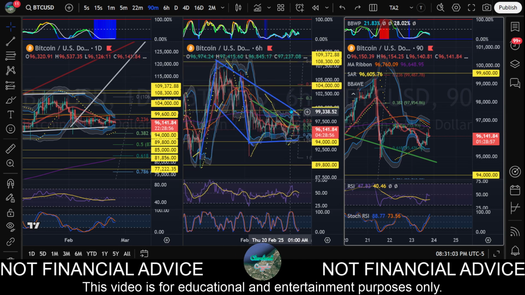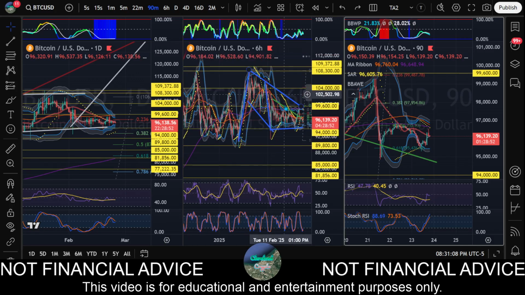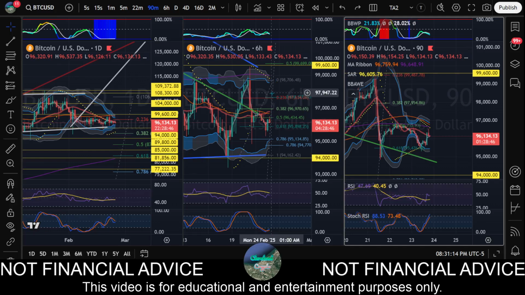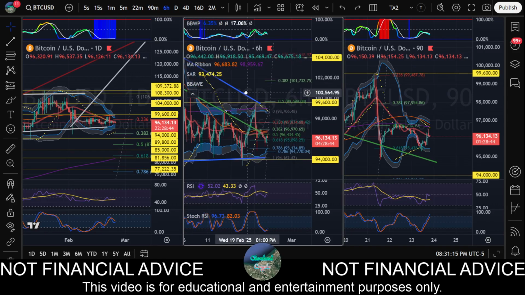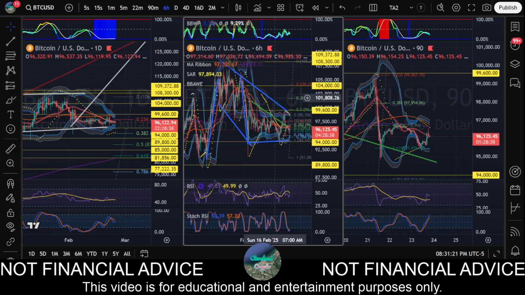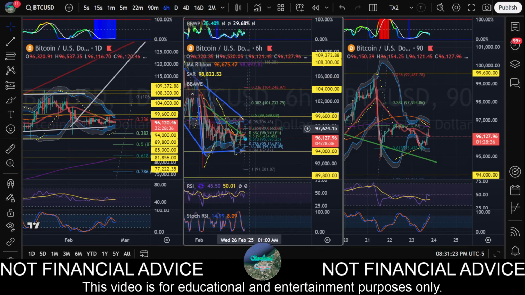And if we get up over 99.6, then we're busting up out of this bigger bull flag that the bear flag's embedded in. However, if we continue within this range, this resistance, this support, then we're also possibly forming a descending triangle.